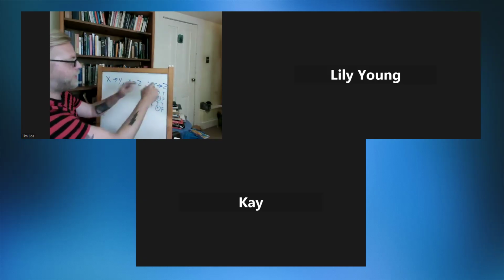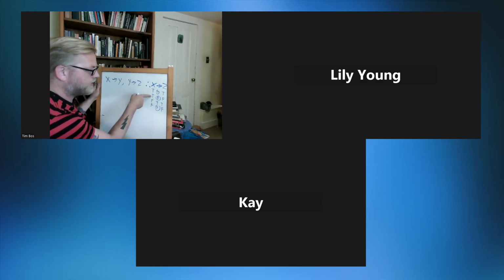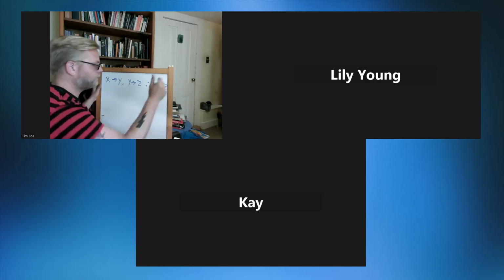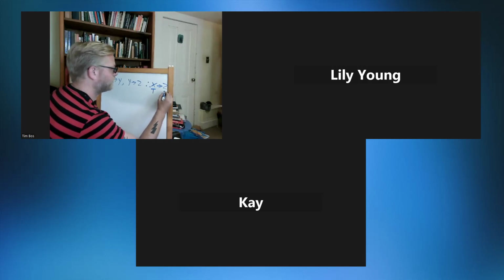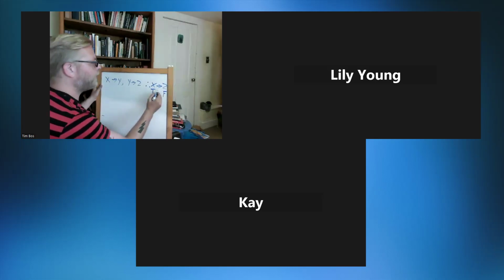Okay, so since I'm trying to make the conclusion false, I'm going to have to focus on the second world, where X is true and Z is false. That's the only way to make this thing false.